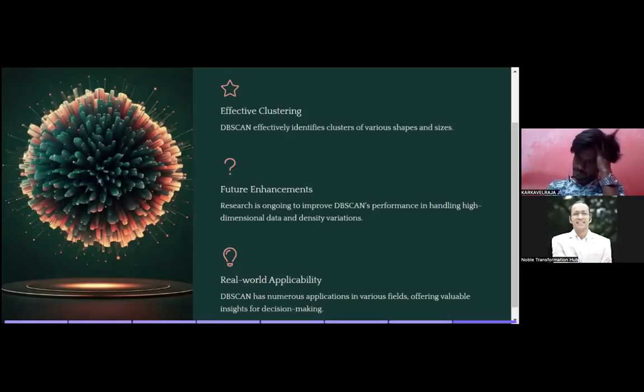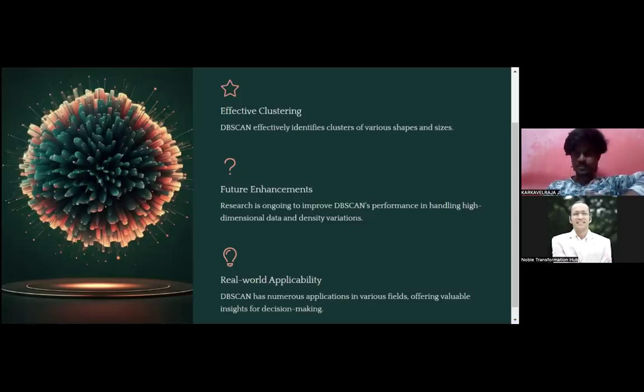It can find outliers and anomalies, but it also has limitations with high dimensional data, where it cannot perform well. It can identify clusters of various shapes and sizes. And this is all about DBSCAN. Let's conclude this session and move on to the next session. Thank you. Thanks a lot.